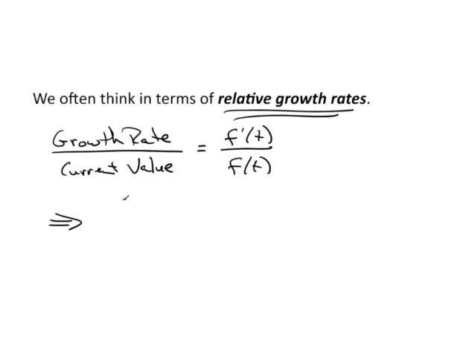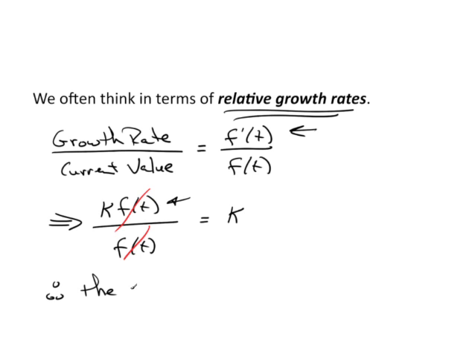Well, we said a moment ago that f prime of t is k times f of t. This is the first derivative. These two are the exact same thing. So if I divide this by the current value, which is f of t, obviously these f of t's will in fact cancel out, and what I'm left with is k. Therefore, I can say the relative growth rate is actually constant.